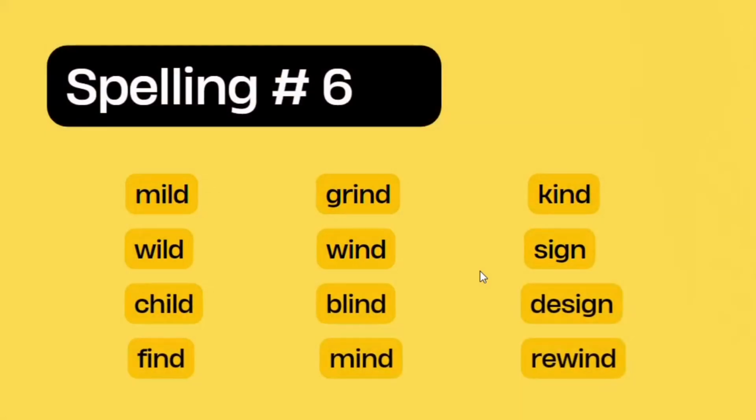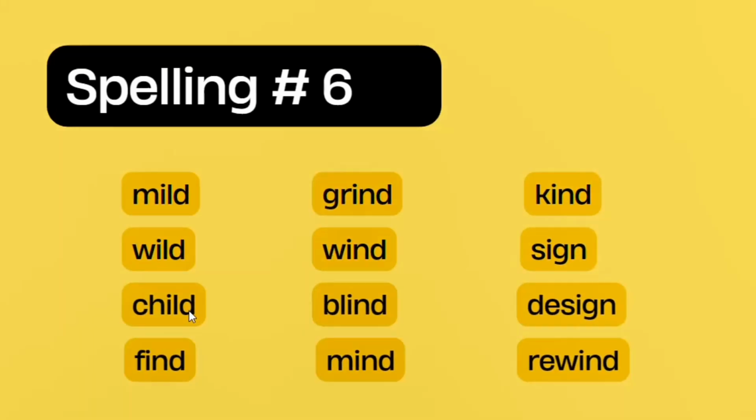For example, mild, wild, child, find, grind, wind, blind, mind, kind, sign, design, and rewind. In all these words, you can hear the long I sound in the middle of the word, and I is neither in an open syllable position, nor is it having any of the long I spellings. So a single letter I may say its long sound even standing alone in the middle of English words.